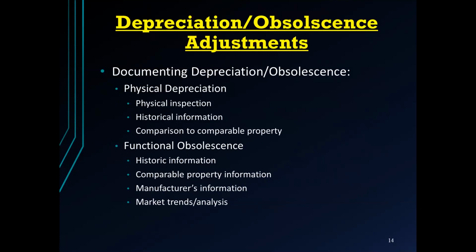So with functional obsolescence, it's going to be similar. Historic information could be when it was acquired, when it was built, where it was built, and what the original quality was when it was purchased. Obviously, within personal property, just like real property, there are different qualities. I'm sure you all know this. You can spend a lot of money for nicer property.